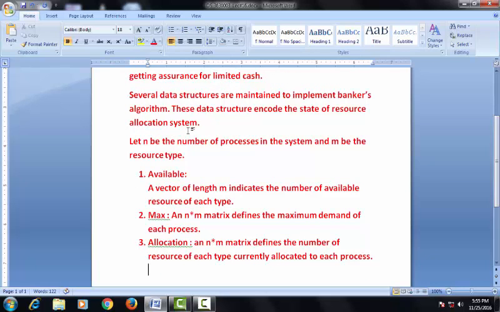So allocation defines the matrix which indicates how many resources of each type are currently allocated to each process, right? Suppose process P1 required 2 resources like 2 printers, and 2 printers were free, and we allocate them to process P1. So allocation for process P1 is 2 printers.